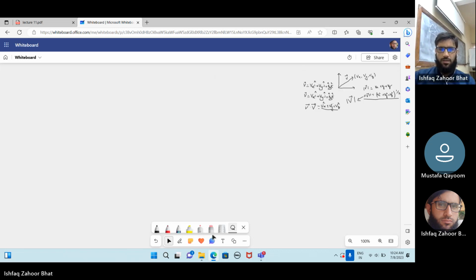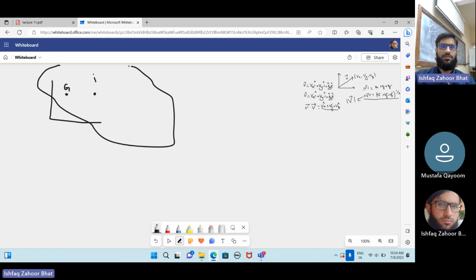What I am saying is that if we have some ith particle, and this is the center of mass associated with some system.